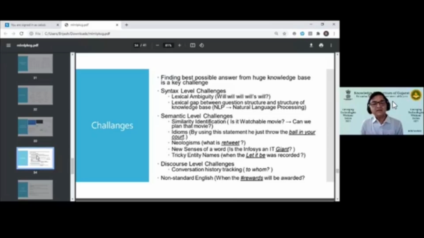And I guess run is probably one of the words which has the maximum number of senses. I don't know exactly, but you might check on the internet which word has the maximum senses. Run would be higher in that list. Then some entity names are tricky, like when "Let It Be" was recorded. All three words are part of a common noun phrase. They don't need to be broken down; that also needs to be known.